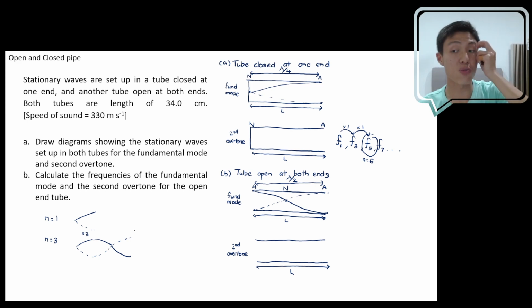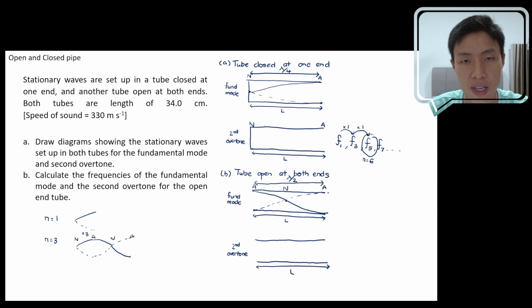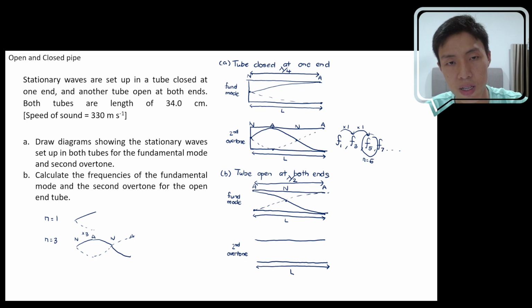So this is what you should be looking forward to. We know this will look like N, A, N, A. Node is over here, node is over here, antinode, antinode, antinode, antinode. So if we sketch our diagram, it will be something like this. This will be the third harmonic.